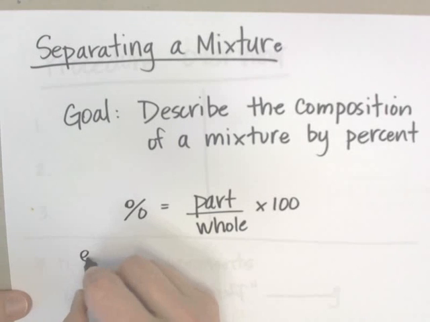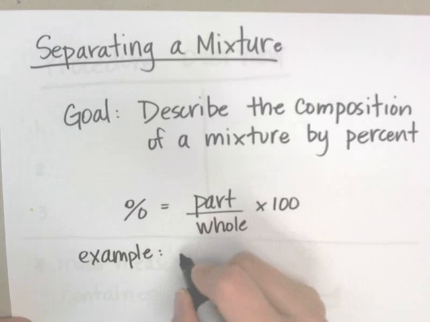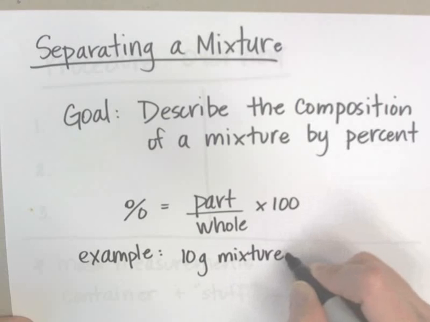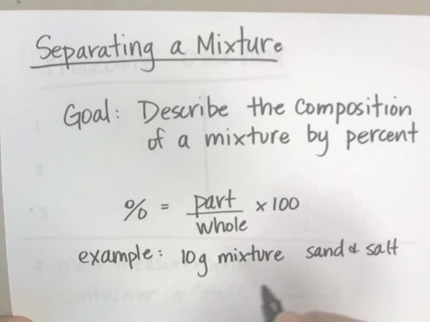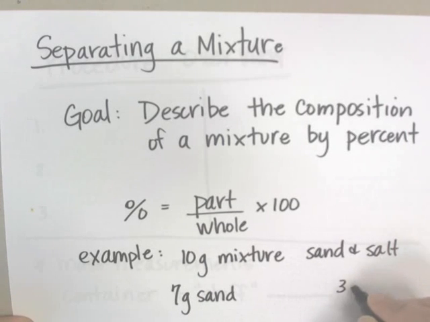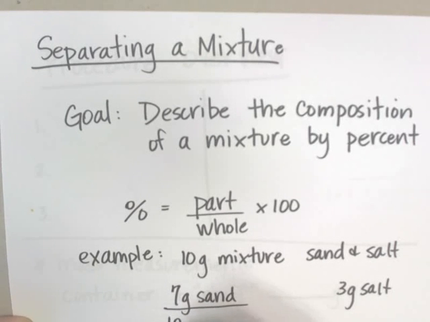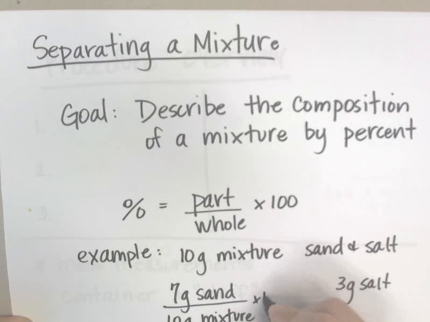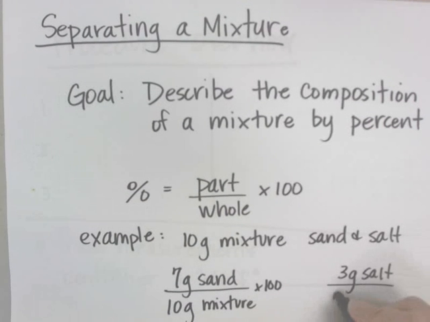So for example, just so you can kind of see what we're going to be doing, if you had a mixture of 10 grams and it was sand and salt, and let's say you figured out that there were 7 grams of sand and 3 grams of salt, that seems reasonable. We would take each part, divide it by the whole, if we wanted to know the percent of each one.